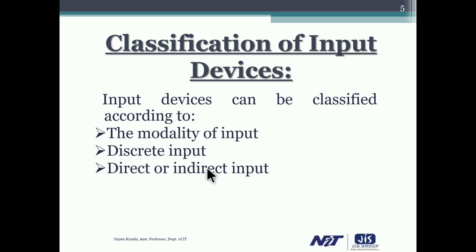Direct or indirect input: with direct input, the input space coincides with the display space. That is, pointing is done in the space where visual feedback or the cursor appears. Touchscreens and light pens involve direct input. Examples involving indirect input include the mouse and trackball.